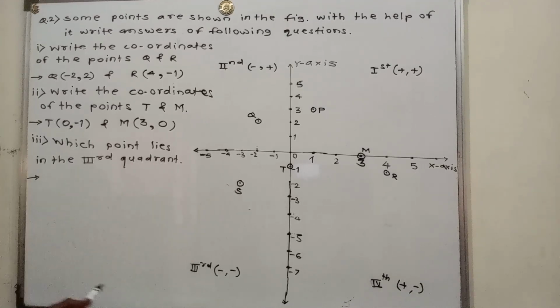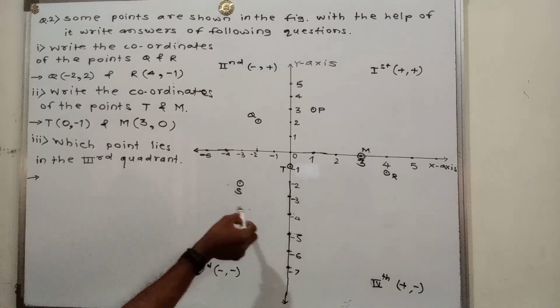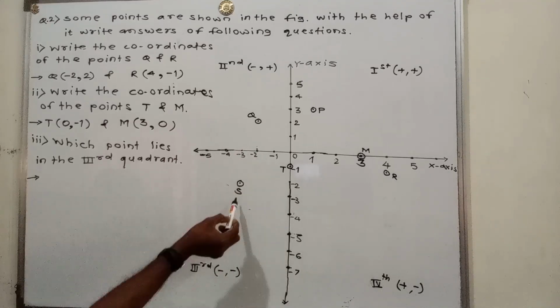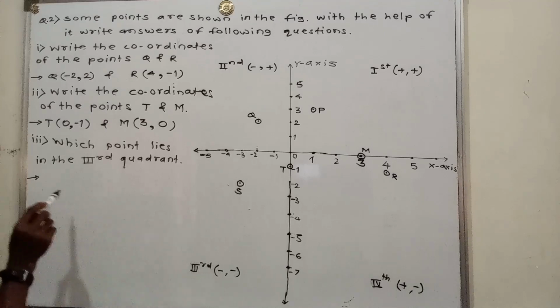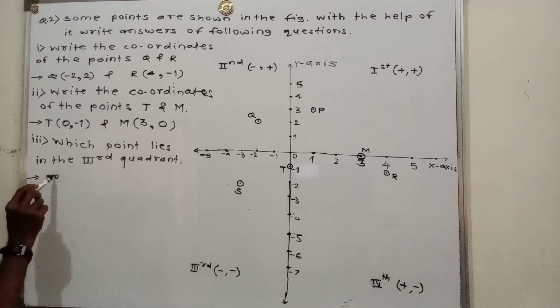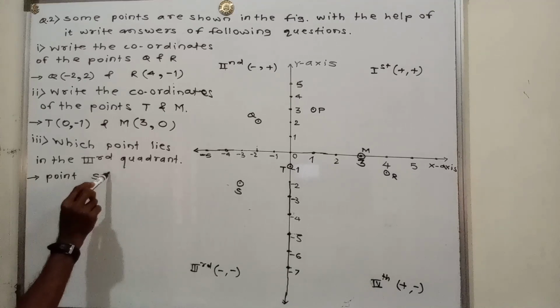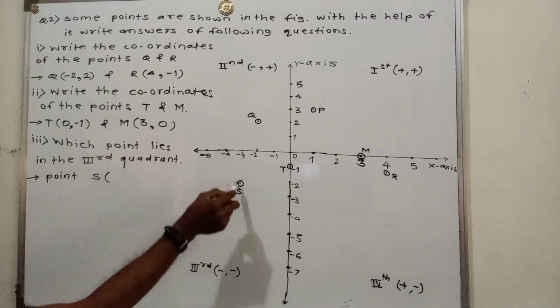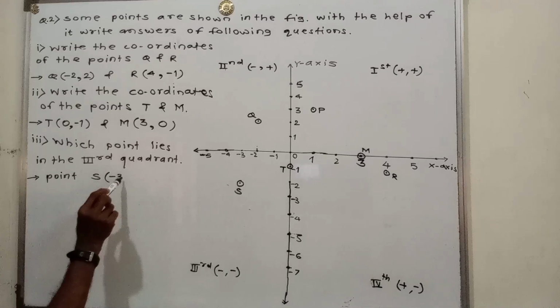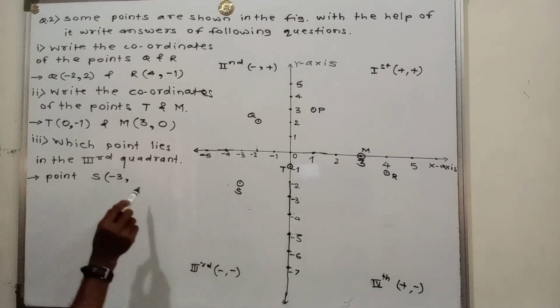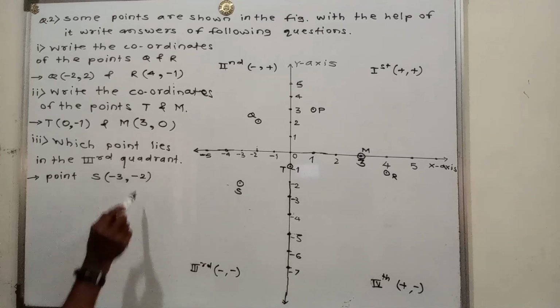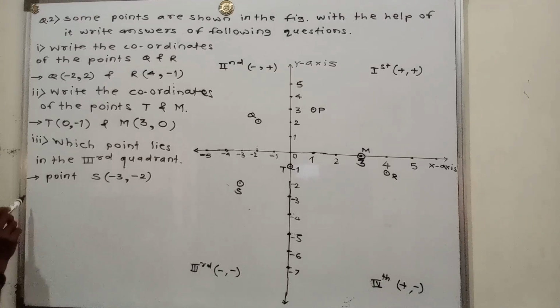Answer, see here, third quadrant. This is the third quadrant. I have written already. Which point? Point S, whose coordinates are -3, -2. Did you get it?